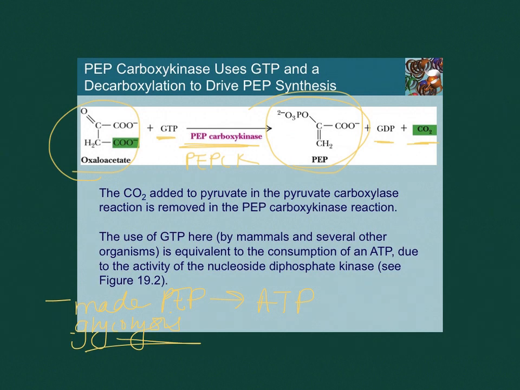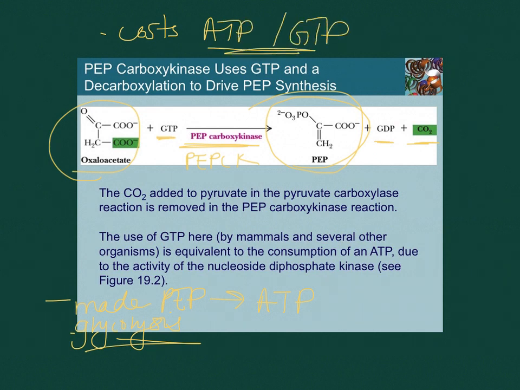To go in the opposite direction, it costs 1 ATP and 1 GTP. The delta G for this reaction is negative 25 kilojoules per mole. So these two steps are essentially irreversible.